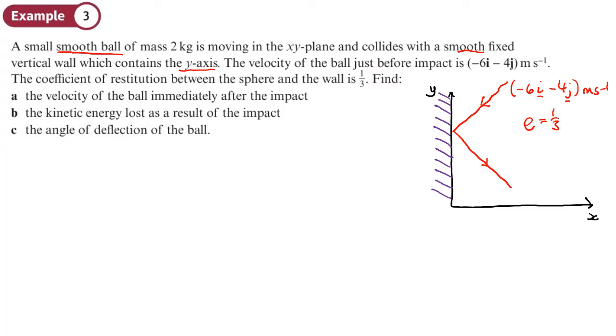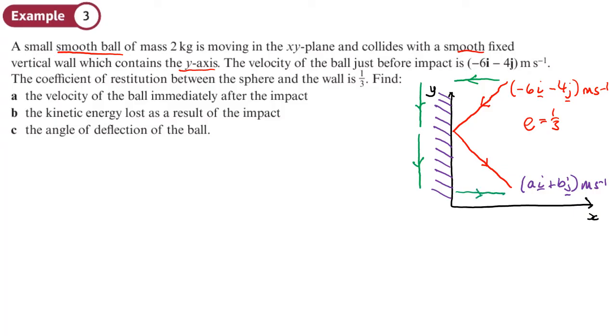So the velocity of the ball after impact is going to be ai plus bj, and we need to work out what a and b are. So let's draw on the components. So we've got this component of the speed as it approaches the wall, and we've got this component here, and then we've got these two components as it rebounds from the wall.